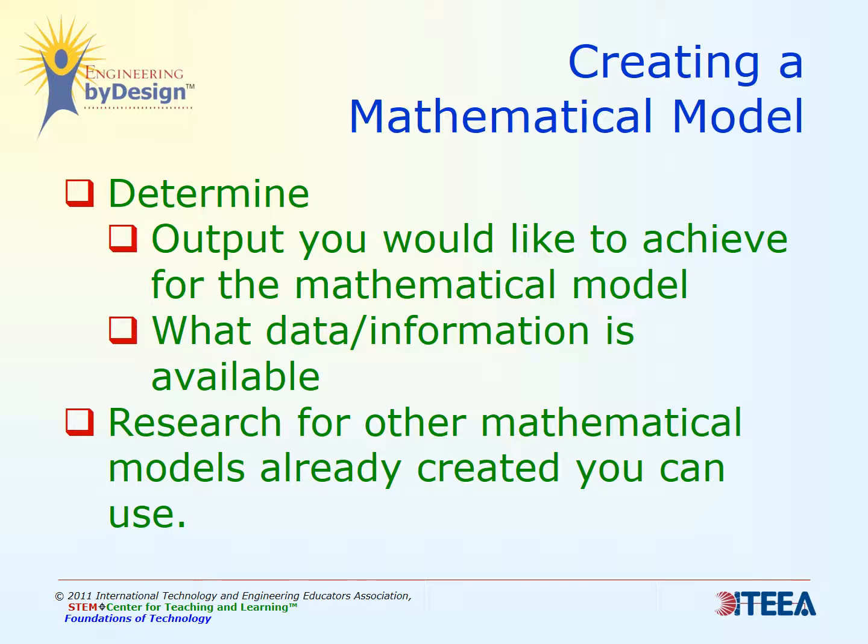What data information is available? What can you measure? What can you determine? You may be doing something that's going to use Earth's gravity, gravitational pull, frictional pull. Research other mathematical models already created that you can use.